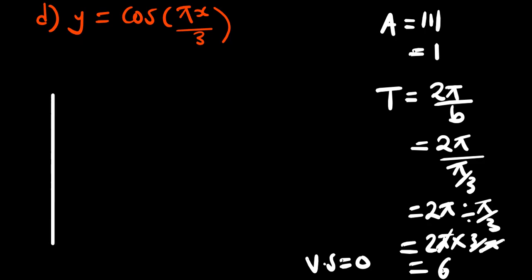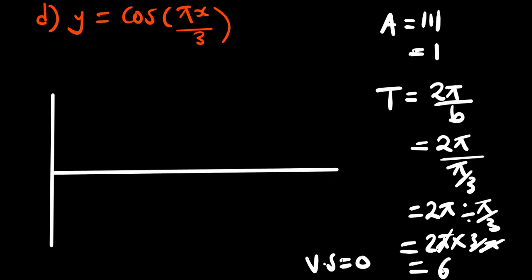This is the y-axis, this is the x-axis. So we are saying it's going to be alternating between 1 and -1. That is the amplitude. Then what is our period? The time it takes to complete one full revolution, we found that it is 6.